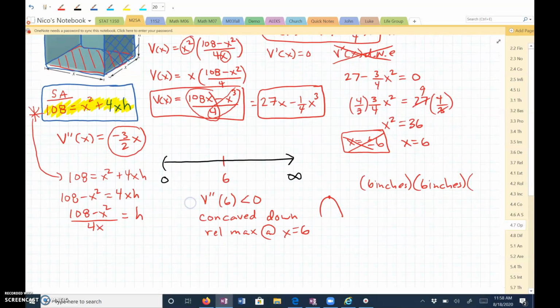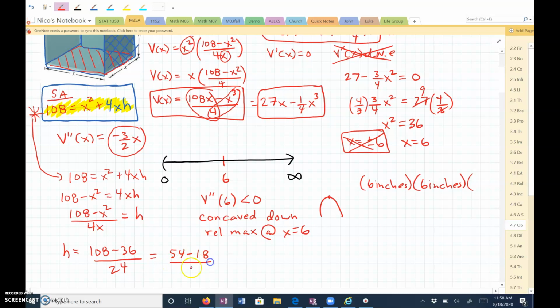And now plug in 6 to figure out h. So this would be 108 minus 36 all over 4 times 6, which is 24. You could divide all those by 2. This would be 54 minus 18 over 12. Divide all those by 2.